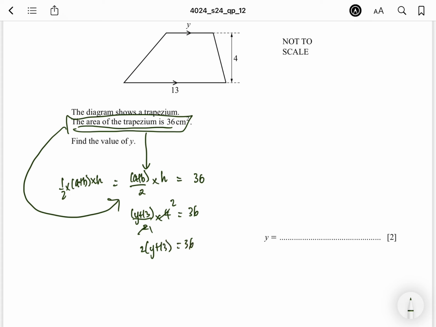Divide both sides by 2, and you get y plus 13 equals 18. Minus 13 on both sides, and you get y equals 5. Do you see? Your two marks were floating away.